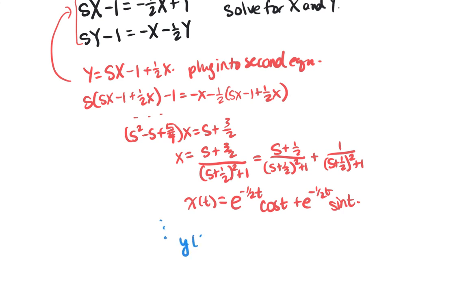You'll end up getting y of t is equal to e to the minus 1/2 t cosine t minus e to the minus 1/2 t sine t. And so those are your solutions to that system of differential equations. So that's how you would solve that using Laplace transforms.